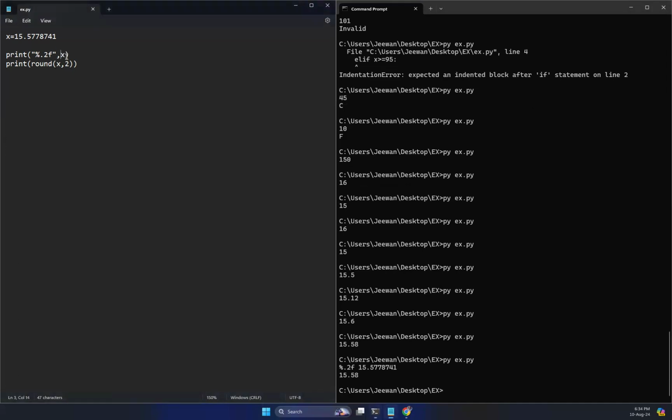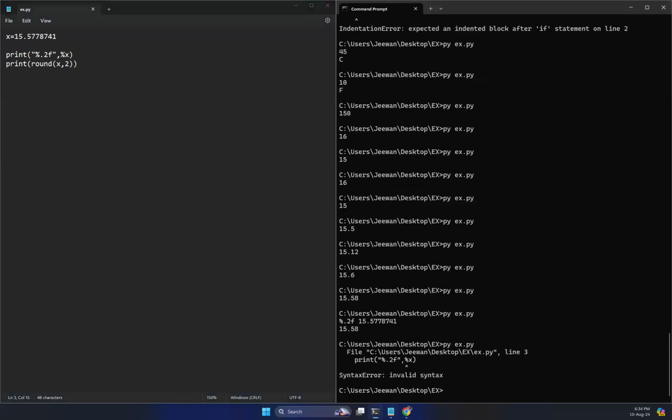A percentage symbol is required. Modulus 0.2f. Let me figure out how to do this.